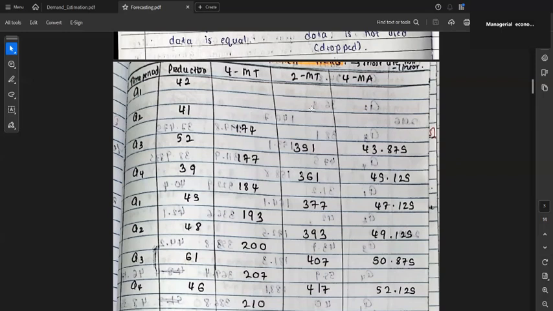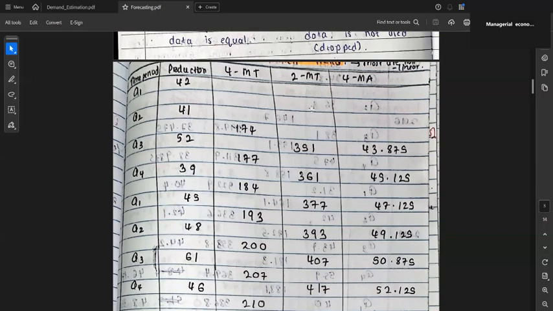So in here, 174 is taken by adding quarter 1, quarter 2, quarter 3, and quarter 4 production values. Then 177 we obtain by adding the quarter 2, quarter 3, quarter 4, and quarter 1 values, quarter 1 of the next year.